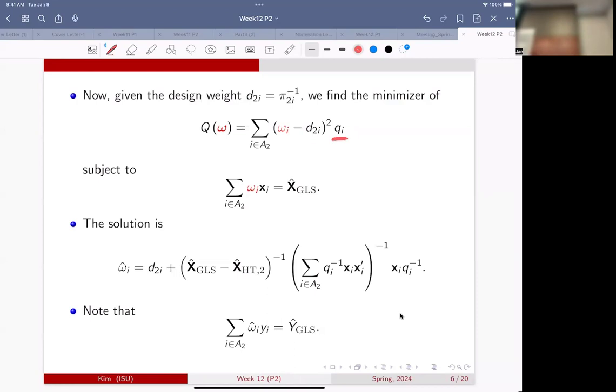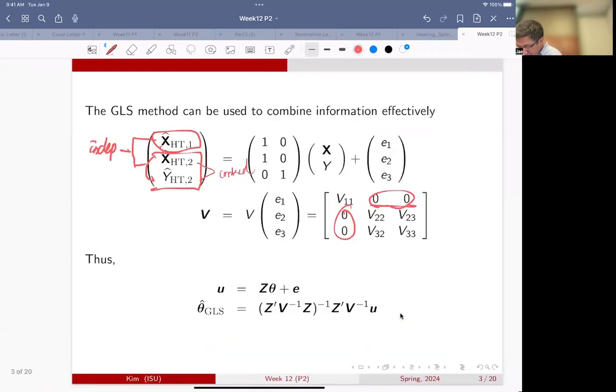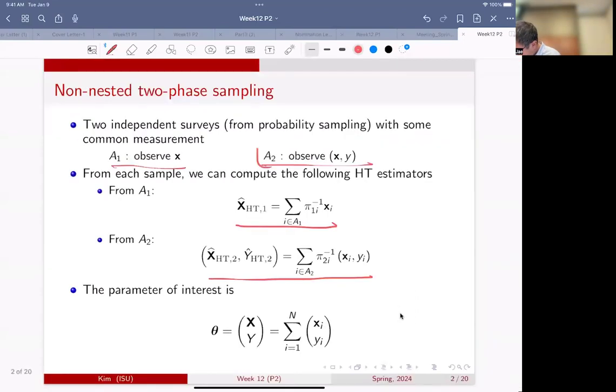Once you figure out what the small QI is, you put it in your calibration function here and construct the calibration problem, something like this. Okay. So you can see that this is what I want, right? So, what is A2, by the way? Let's go back. A2 is the part of the data where we observe yi.